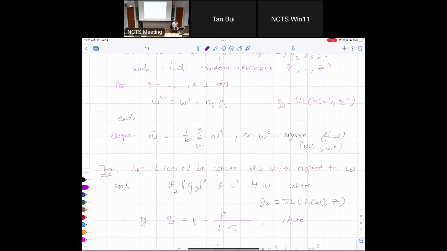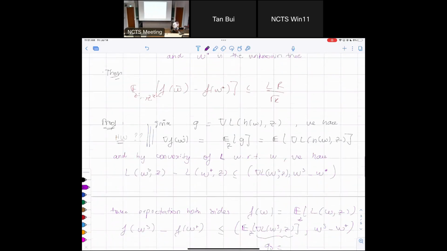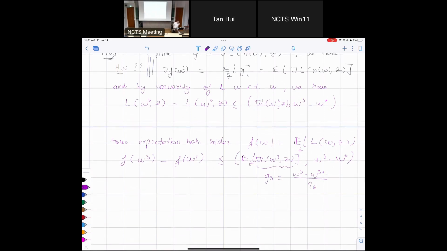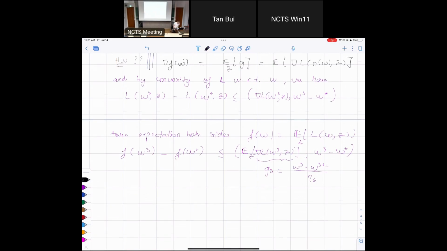So we're going to substitute G_S equal to (W_S minus W_{S+1}) over eta_S. We do a substitution in there.